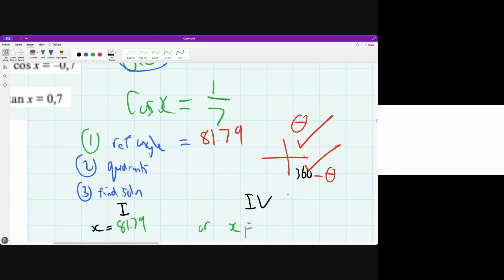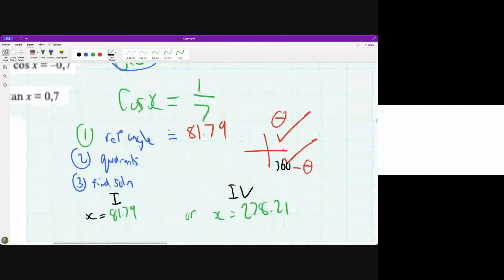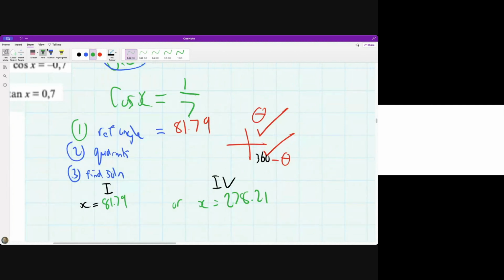What's 360 minus 81.79? Yeah, so it's going to be 278.21. And so if I do that, it's not yet, that's a specific solution. So I've given you, or you have given me, 2 solutions in the domain 0 to 360.